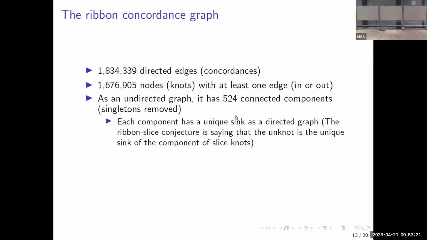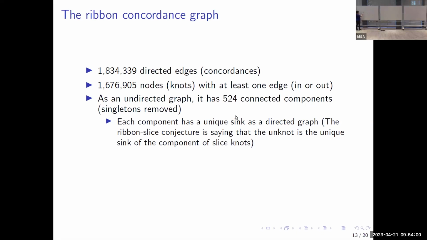One thing we found was that each component had a unique sink as a directed graph. So basically all the components looked like this, where they all had a unique sink. If you think about what the slice-ribbon conjecture is saying, it's really saying that the component containing the unknot has a unique sink.